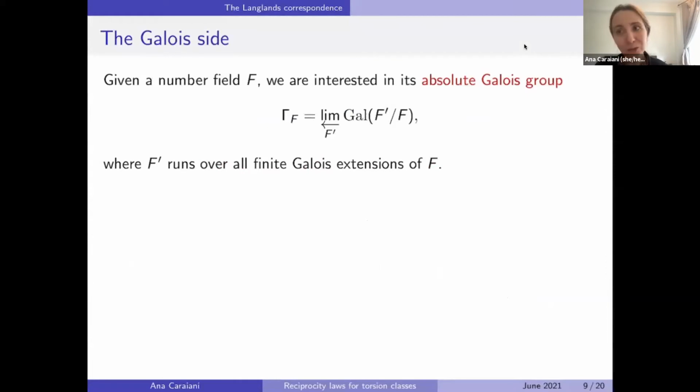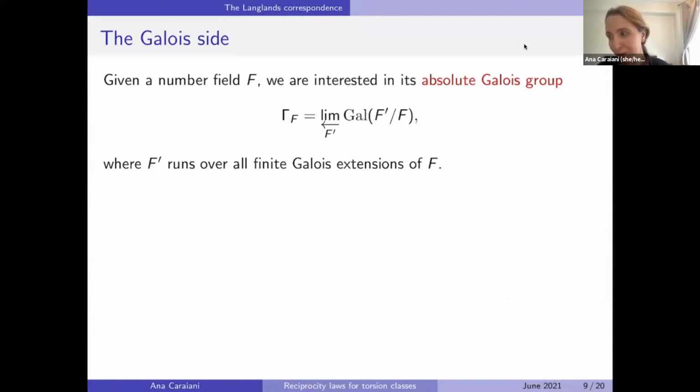So there are two sides to the global Langlands correspondence. There's the Galois side and the automorphic side. And the Galois side is sort of easier. If you're coming to this from the outside, it's sort of easier to get a sense for it. So I'll start with that.